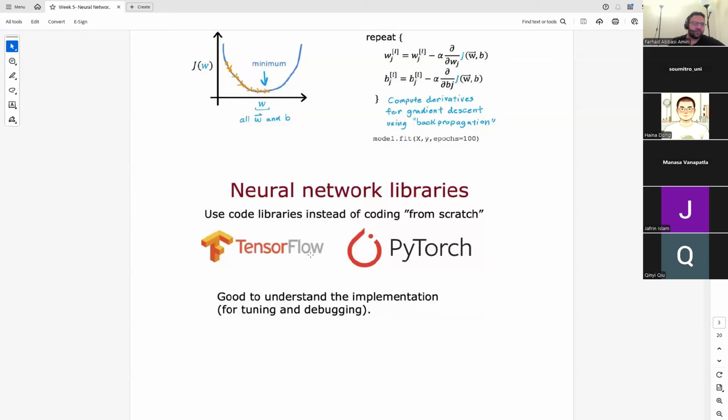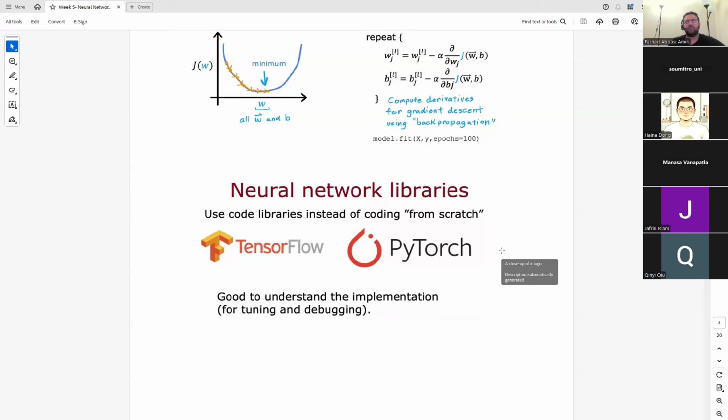Many years ago, when TensorFlow and PyTorch were not developed, people used to code from scratch. But right now, you easily call, for example, Dense, and create your sequential layers of neural network.